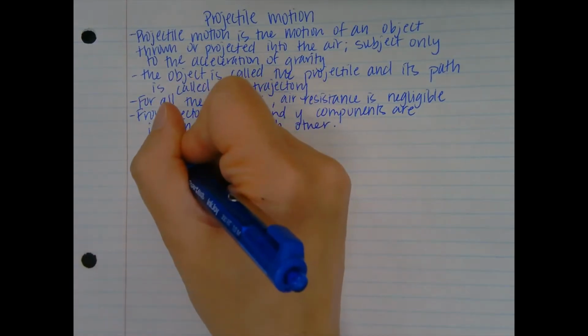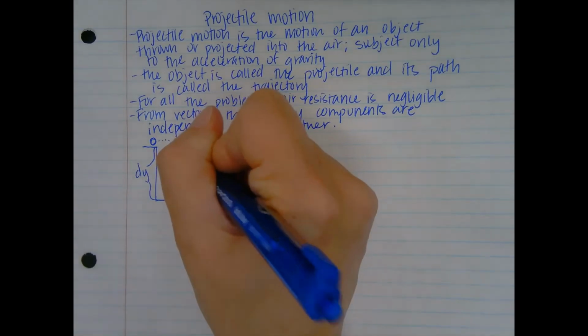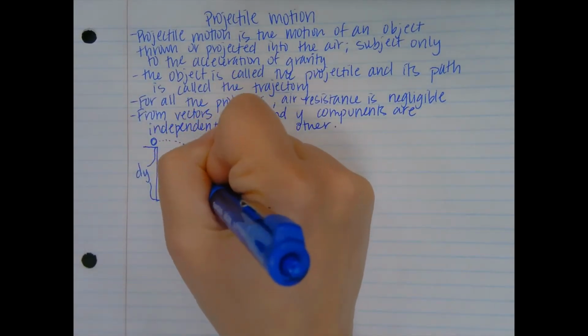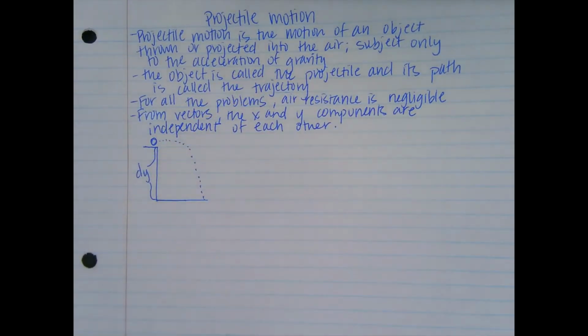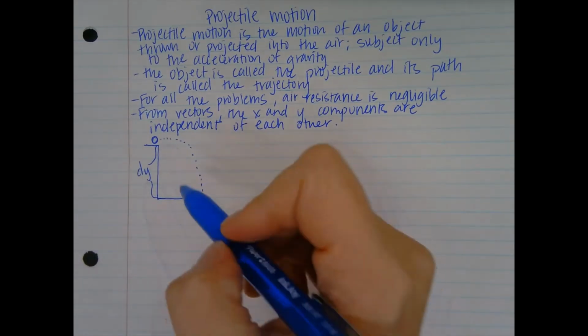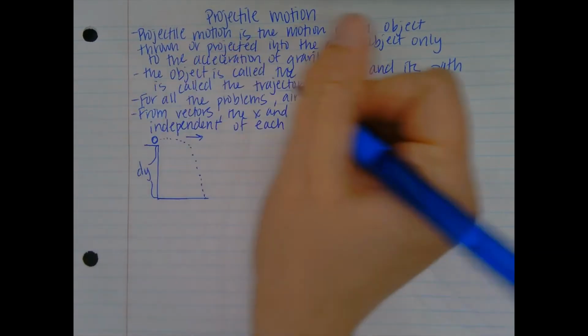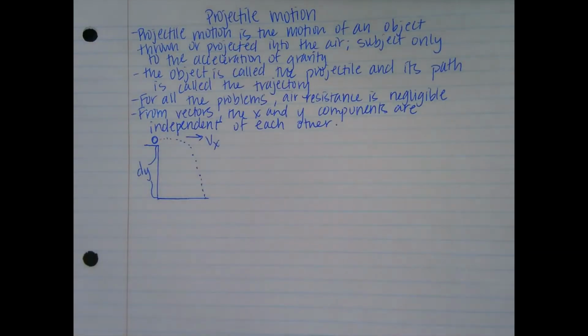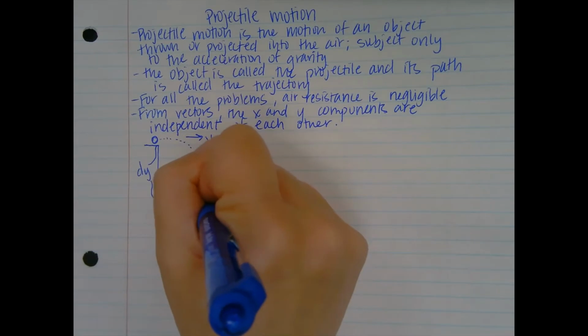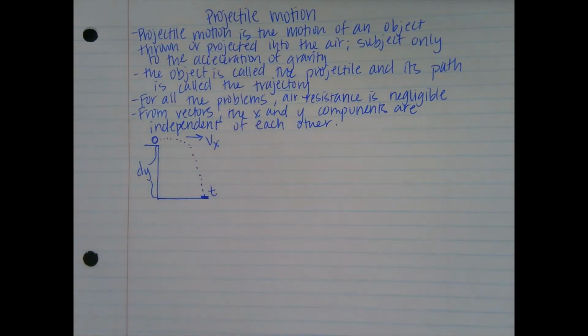Okay, and then the path of this, it's going to be fired horizontally, so it will end up taking some kind of path like that. So this is the path we have it taking. It has a horizontal velocity, which we're going to label Vx. It's our velocity in the x direction. It will hit the ground at a specific time t.